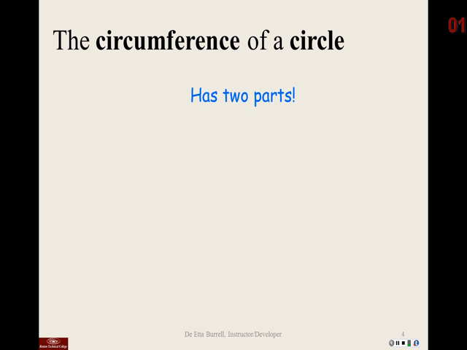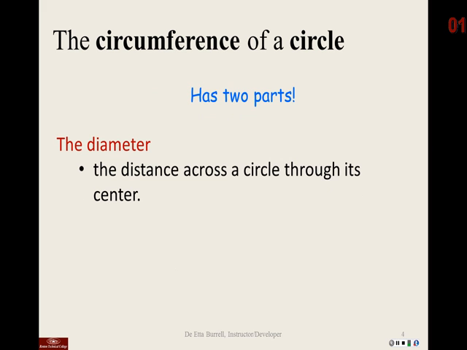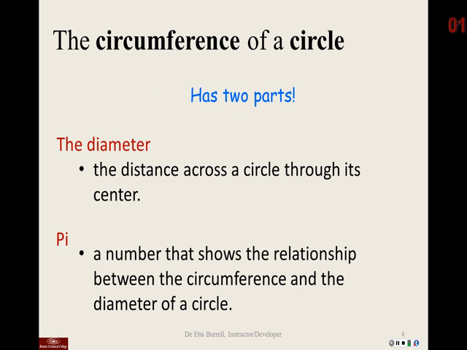The circumference of a circle has two parts. The diameter, that's the distance across a circle through its center. And pi. Pi is a special number. It's a number that shows the relationship between the circumference and the diameter of a circle.